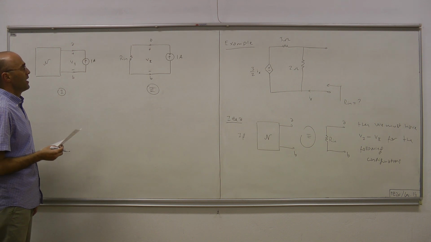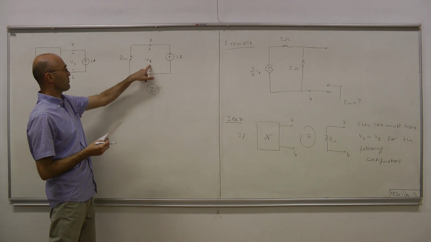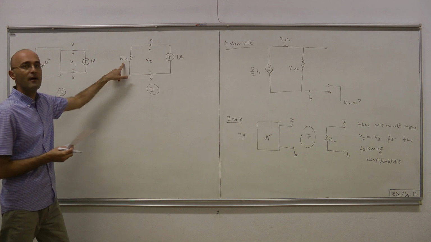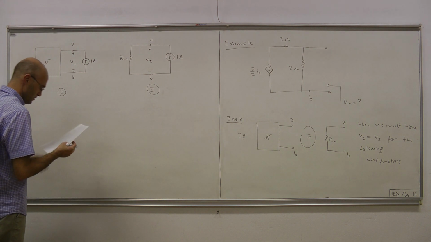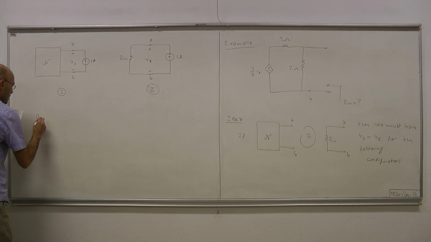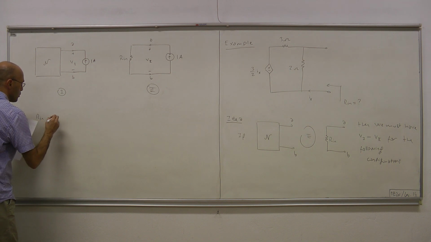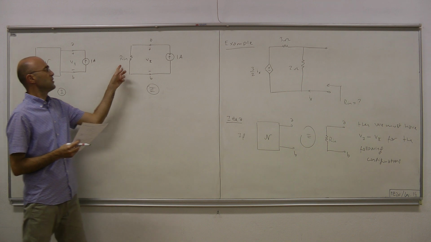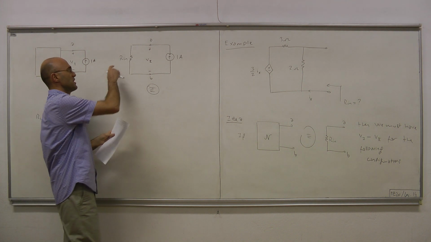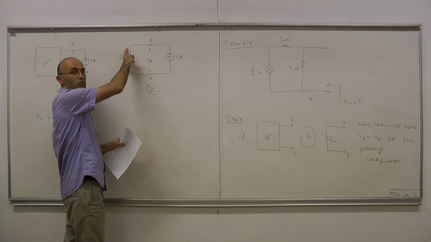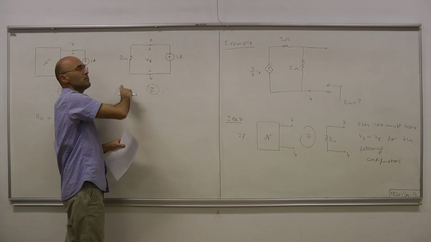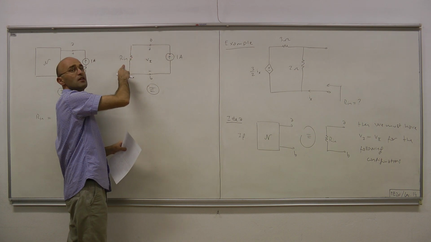Okay. And now, the relation of this voltage to that resistance is obvious. Rin equals V over 1. This resistance, by Ohm's law, must equal the voltage across its terminals divided by the current passing through it. By KCL, the current passing through it is 1 amp.